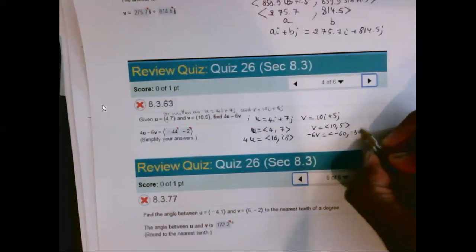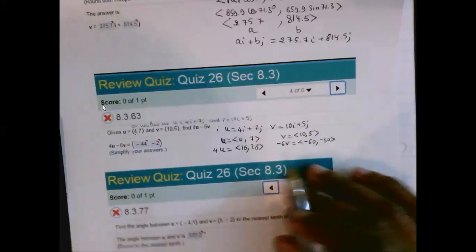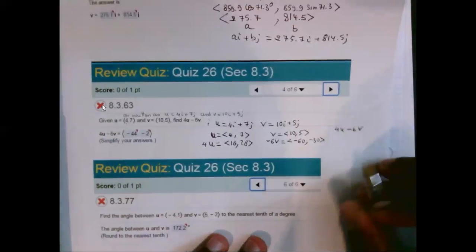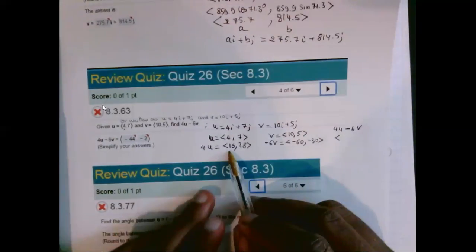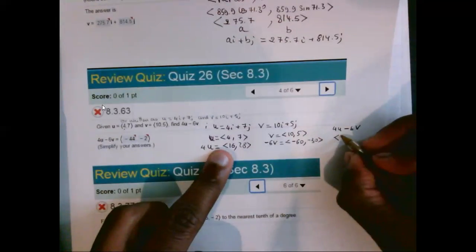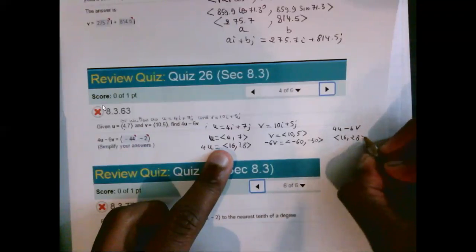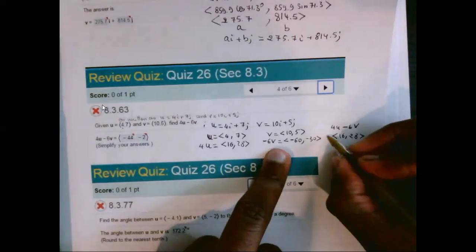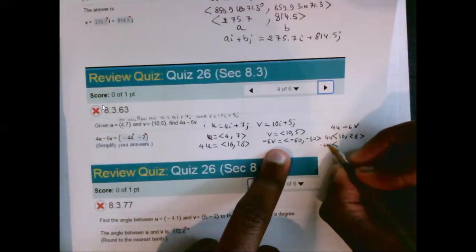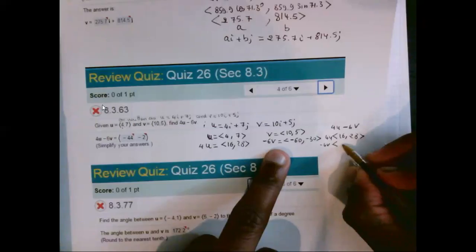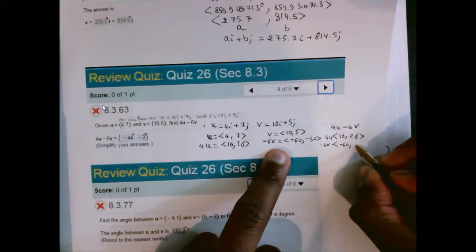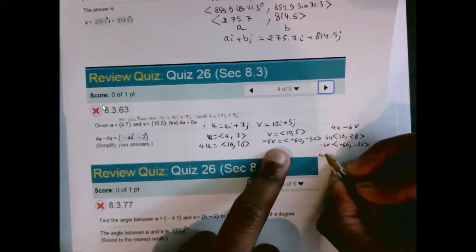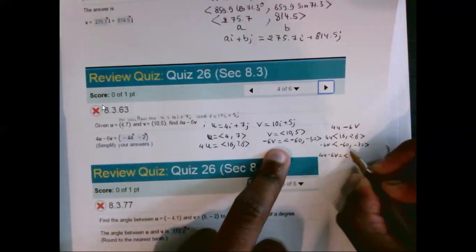Now what I'm looking for is 4u minus 6v. That means I copy 16, 28, which is 4u, and I add it to negative 60, negative 30, which is negative 6v, adding component by component.